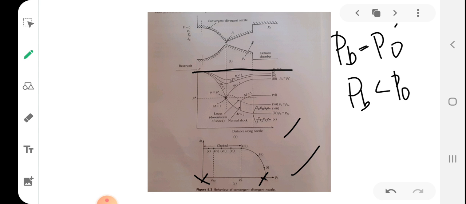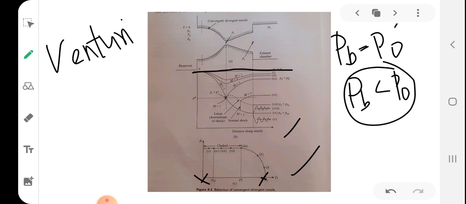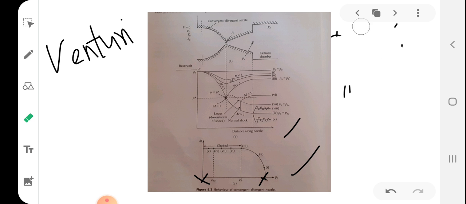As you have already learned, before choking, the convergent divergent nozzle acts as a venturi, very important. So when PB is slightly less than P0, this passage acts as a venturi passage. The flow may be treated approximately as incompressible. The corresponding pressure distribution can be seen in the second figure.